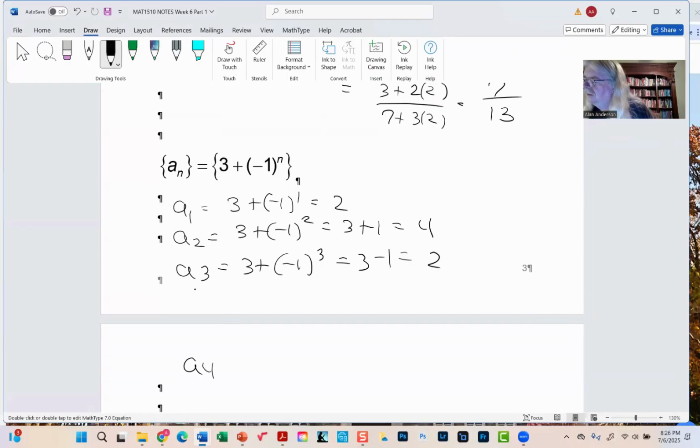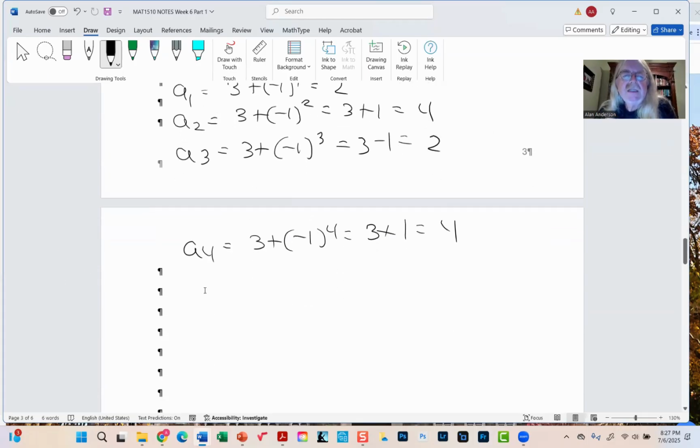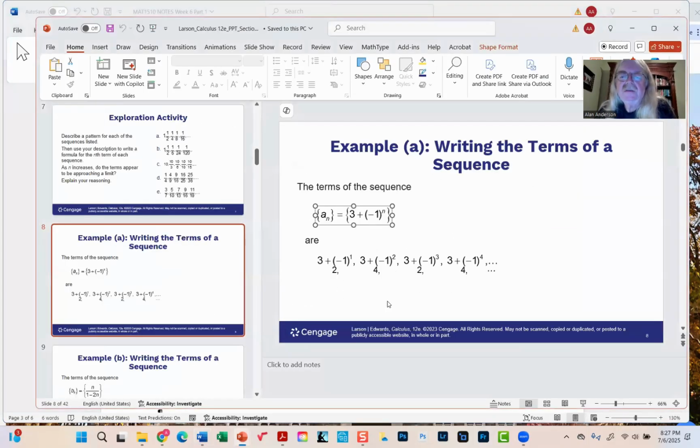This one is going to be a very strange sequence. It's just going to keep alternating back and forth between 2 and 4. Yeah, you run into that sometimes.